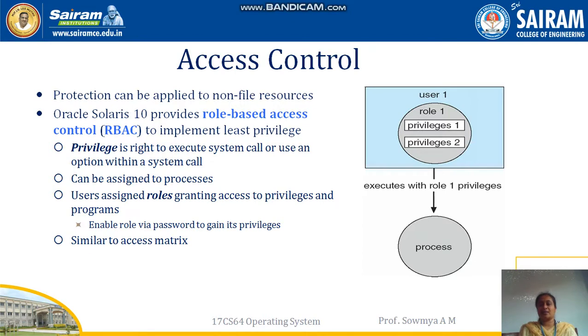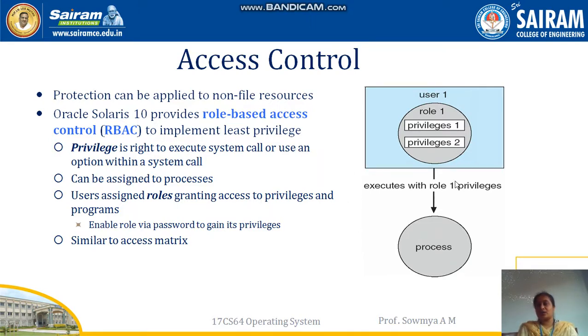Next one is access control. Protection can be applied to non-file resources. Oracle Solaris 10 provides role-based access control to implement least privilege. A privilege is the right to execute a system call or use an option within a system call that can be assigned to a process. Users are assigned roles granting access to privileges and programs, and enable roles via a password to gain their privileges, which is similar to the access matrix.